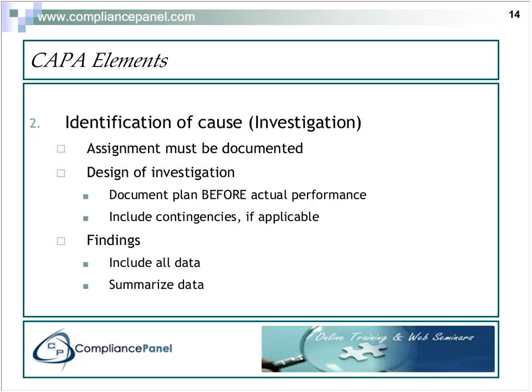For example, if you have a complaint and the customer claims that they're going to return a product, we all know that there are times where the product is not returned, which is why, as part of your design investigation of this complaint, you'd want to have something like: test returned product per test procedure ABC. If product is not returned, review device history record and complaint records to determine lot consistencies, and whether there's a trend. That's what I mean by contingency here.